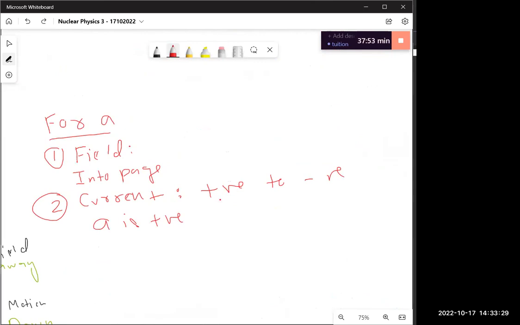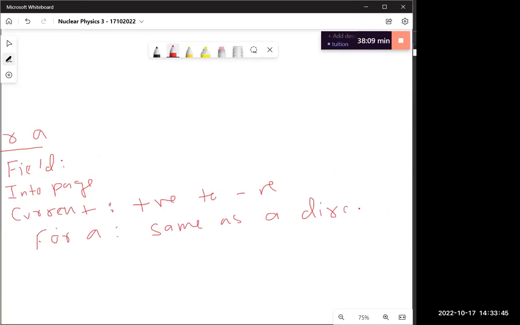So for alpha, it is the same as the alpha direction. But for beta, what was the case? It was opposite, right?